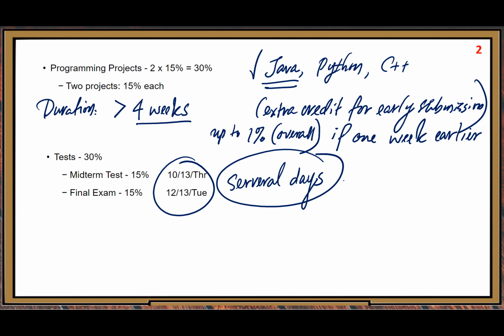You have plenty of time. Although you have other courses to work on, with several days, I hope you can find plenty of time to complete our questions. That's pretty much all the coursework types for this class.